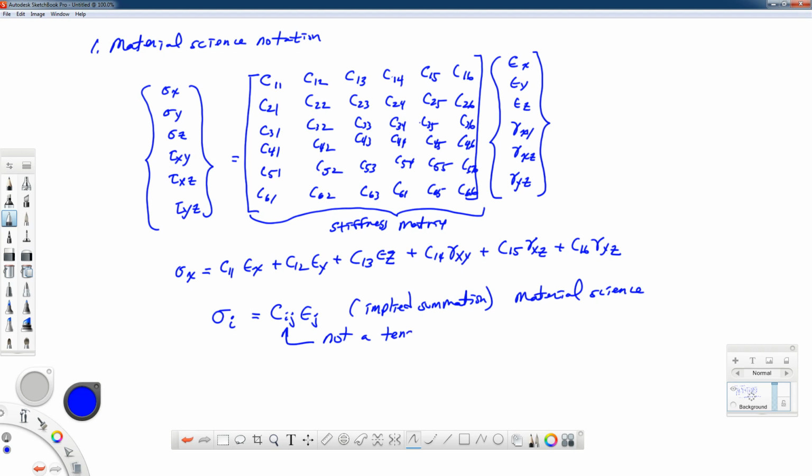It does not behave in the way that tensors transform. But if we look at this, then we have 6 by 6, we have 36 entries in this particular matrix. We'll be able to show that we can reduce the number of unknown constants in this matrix down to 21.